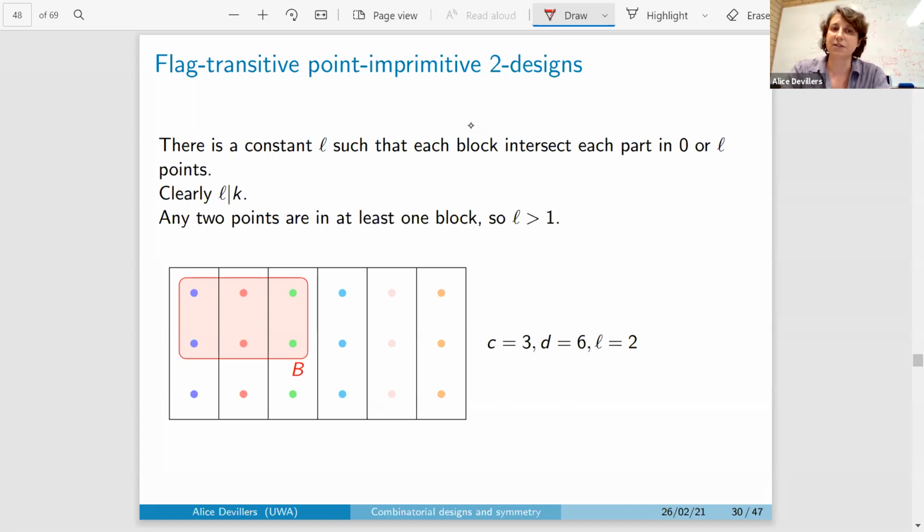So we have this constant, which I call L, such that each block intersects each part in L or 0 points. So it looks like this. This is an example where the L would be equal to 2. So obviously L divides k. And if you think a little bit about it, it's also easy to see that you cannot have L equals 1.